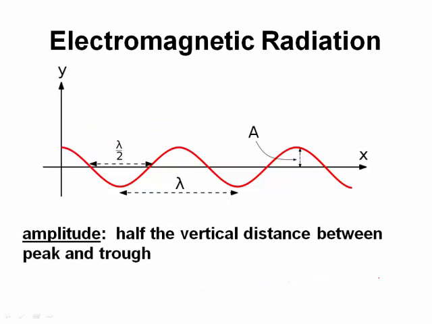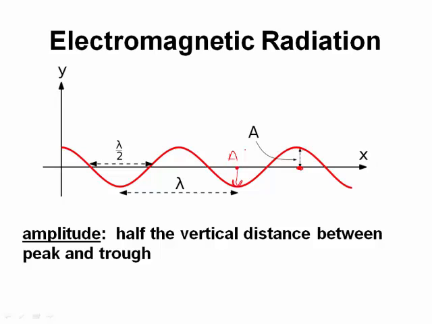Amplitude is going to be half the vertical distance between peak and trough. And so what I like to look at here is, if we're given the x-axis, looking at the distance from the x-axis to a peak, I also could go here at the x-axis and look downward to the trough, and that could also be my amplitude.